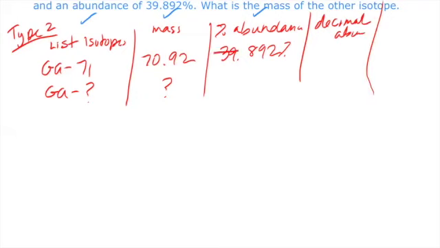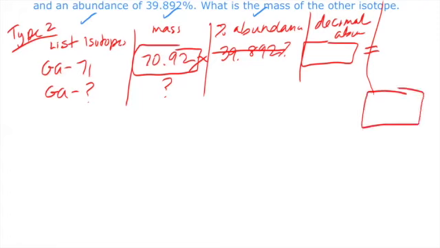I told you to scratch out the percentage and then multiply the mass times the decimal abundance to get your subtotals, and then add the subtotals together. So the whole chart was filled in a type 1 problem. It was pretty easy. And you were solving for the final answer, which was the actual average atomic mass you would find on the periodic table.